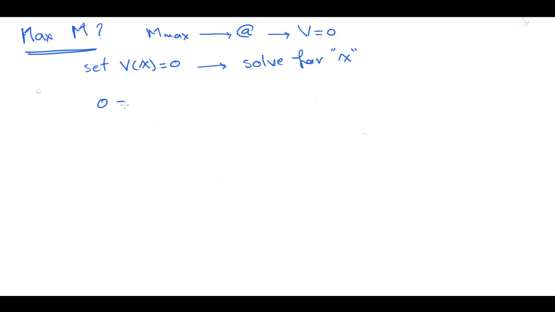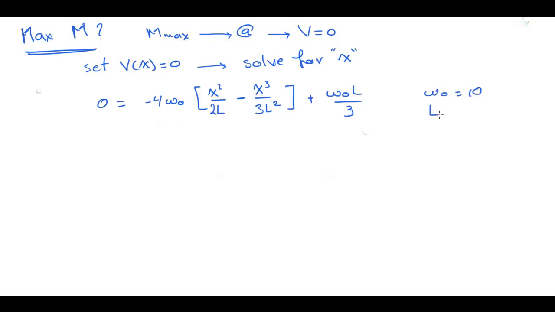So I have 0 equals minus 4 W naught times x squared over 2L minus x cubed over 3L squared plus W naught L over 3. Now let's substitute W naught equals 10 and L equals 15, just to make this form simpler.